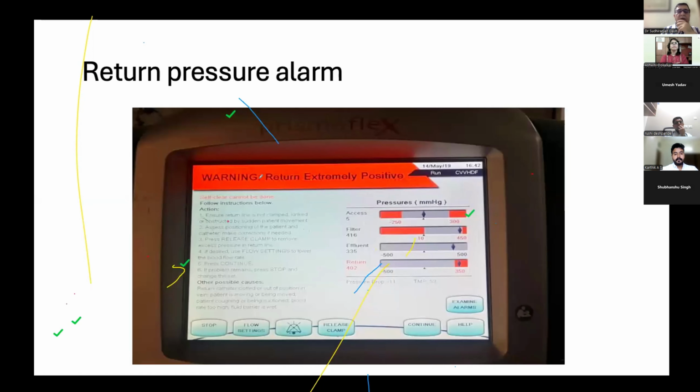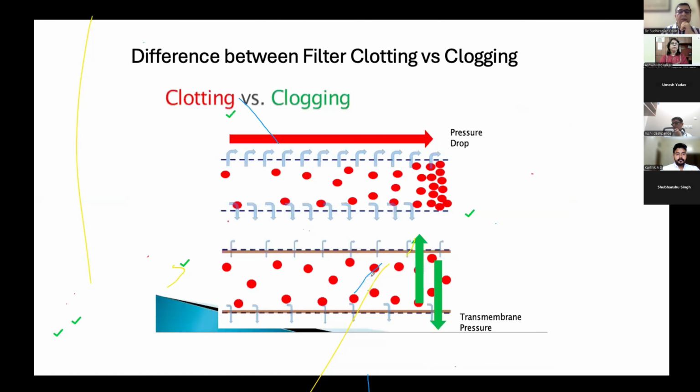So this is the return pressure alarm, where you will see the return pressure is more than 350, which is usually triggered at 250 itself. So you have to see what parameters can possibly be causing the alarm to start.